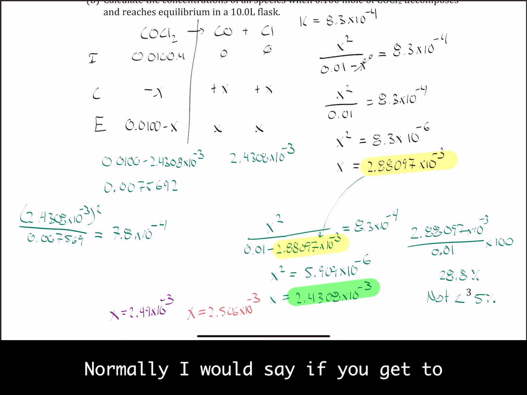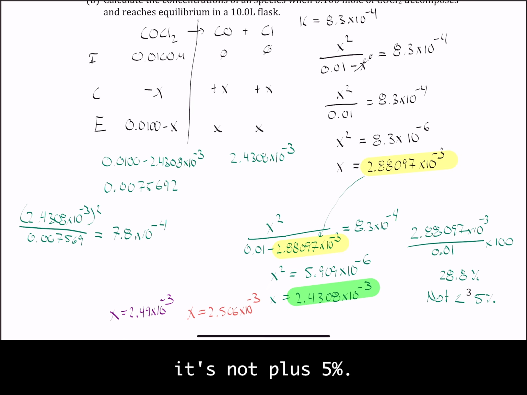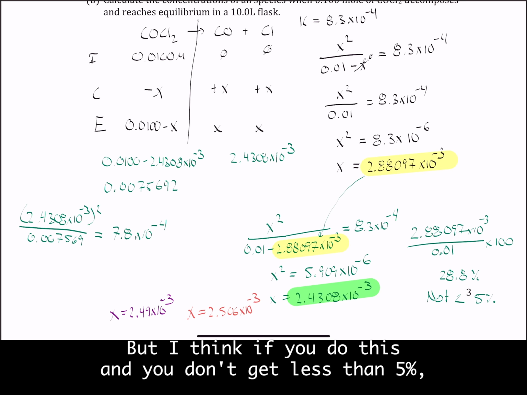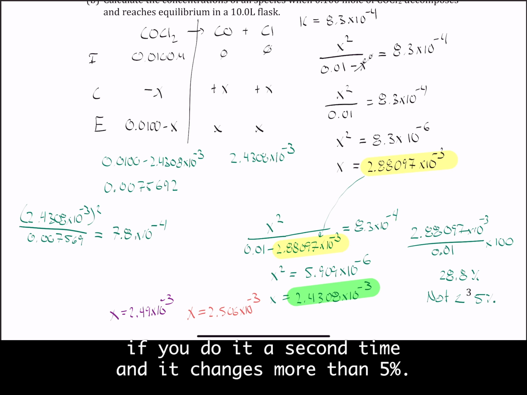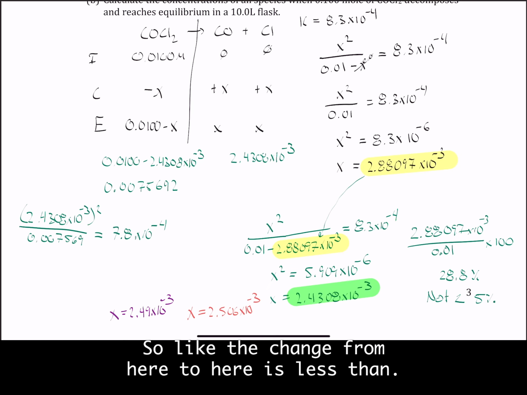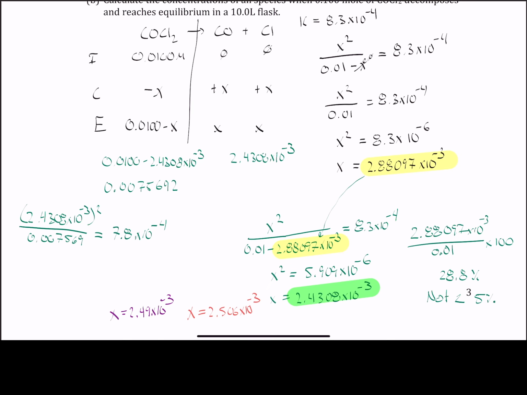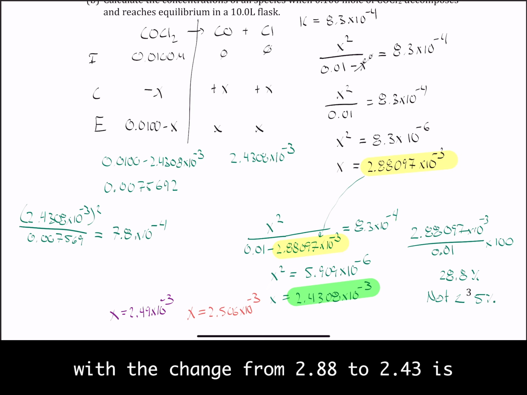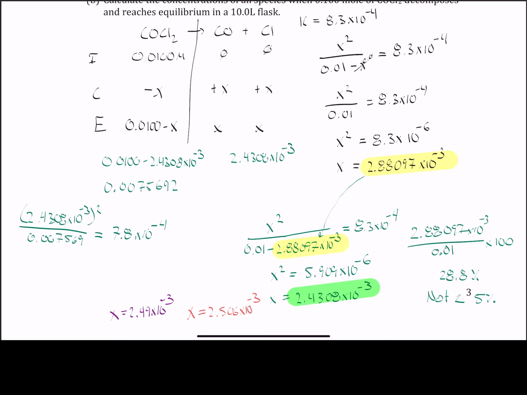Normally, I would say if you get to, it's not less than 5%, just do the quadratic formula. But I think if you do this and you don't get less than 5%, if you do it a second time and it changes more than 5%, so like the change from here to here is it's like 3.1% change. But the change from 2.88 to 2.43 is a lot bigger than that.